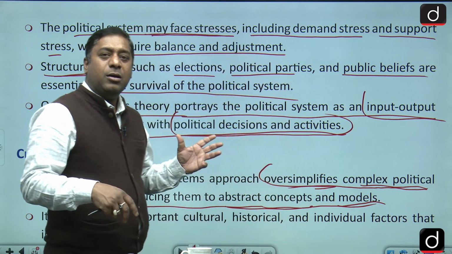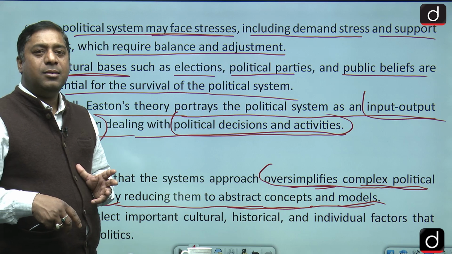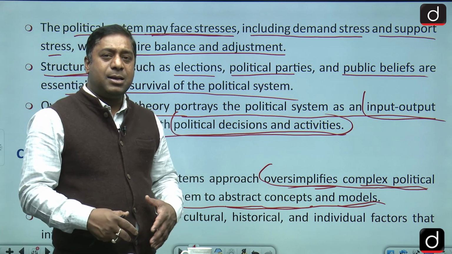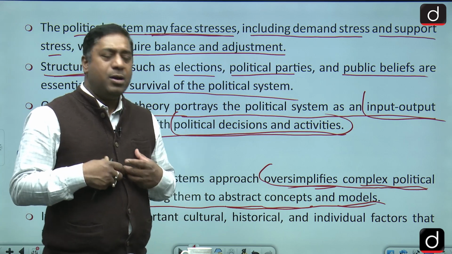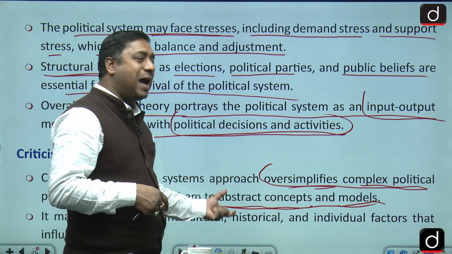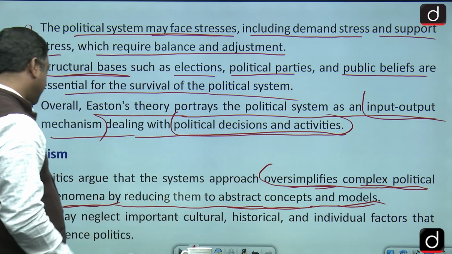So the critics say that ये जो complex political phenomena है, Easton has oversimplified it by reducing it to abstract concepts and models.